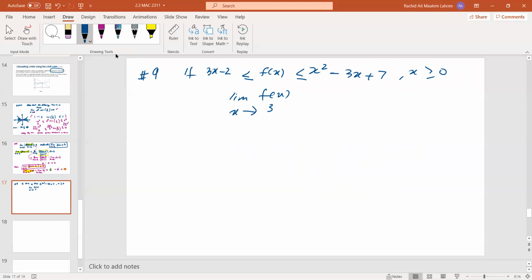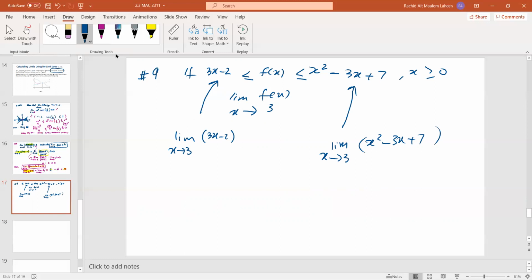So x approaches 3, that means we want the limit as x approaches 3 of 3x minus 2, and the limit as x approaches 3 of x squared minus 3x plus 7.